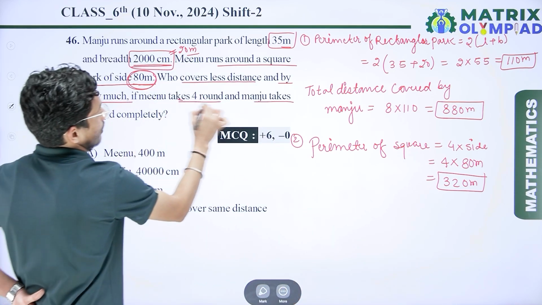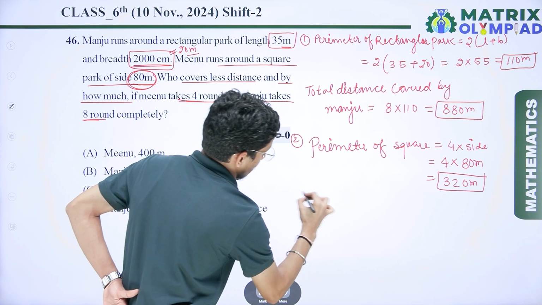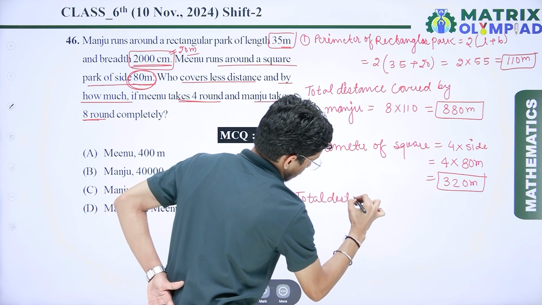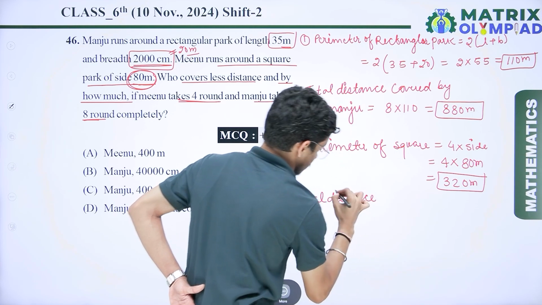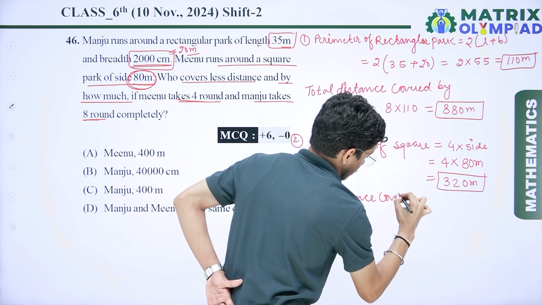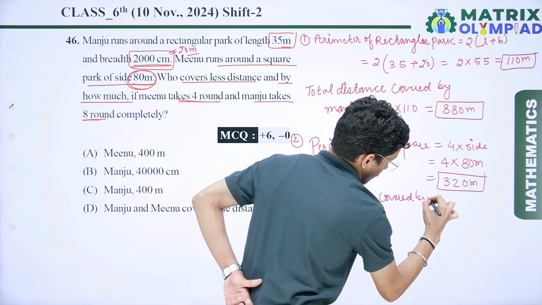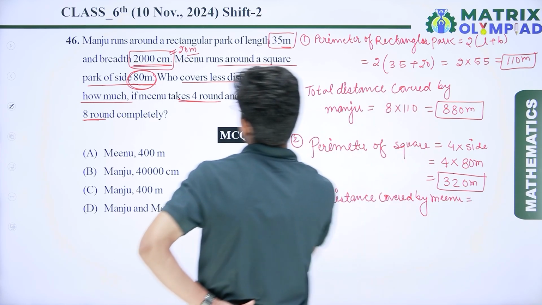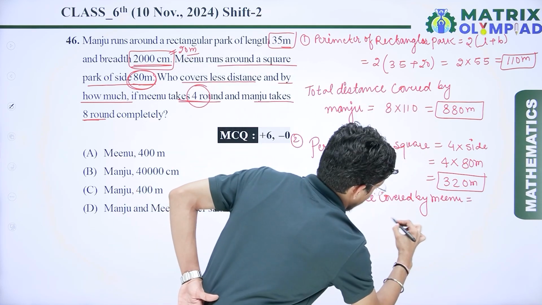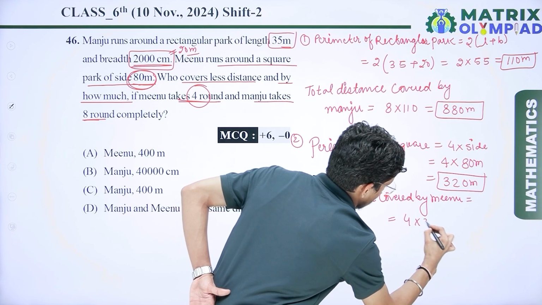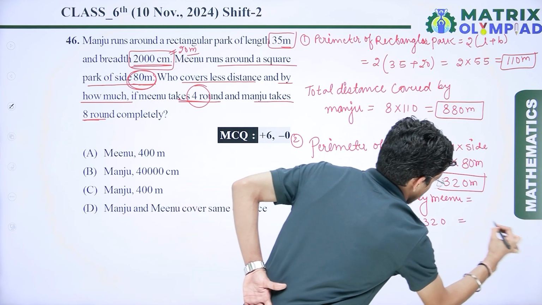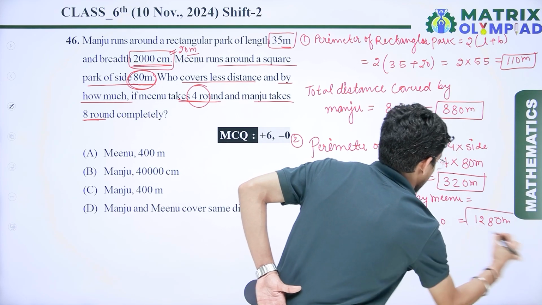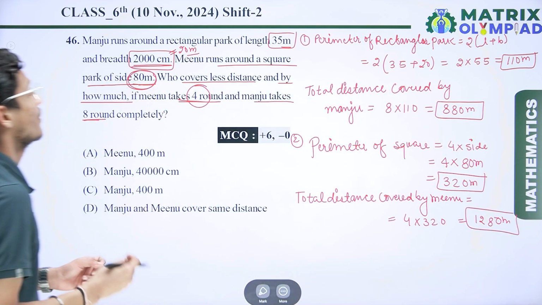Minu takes 4 rounds. So the total distance covered by Minu is 4 multiplied by 320, that is 1280 meter. The question is who covers less distance?